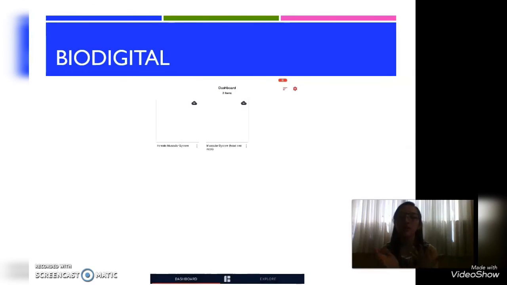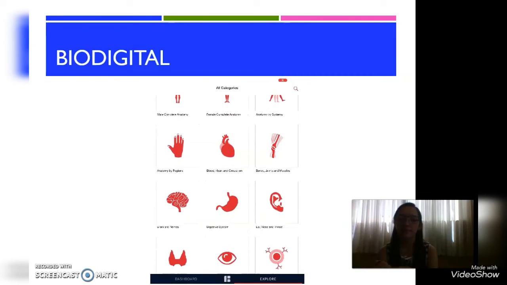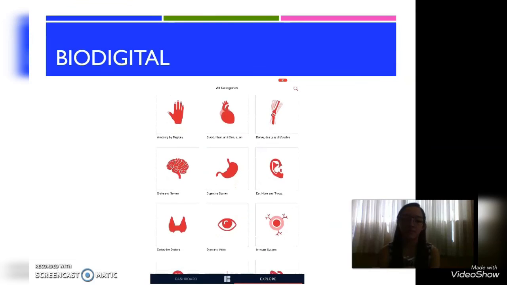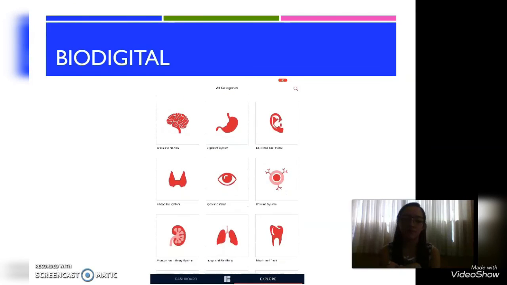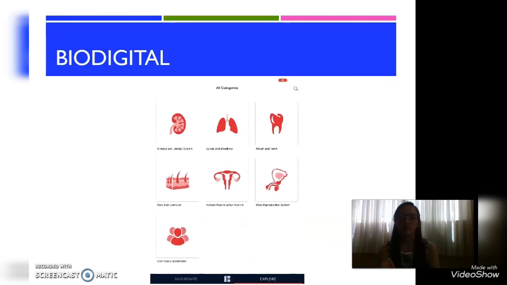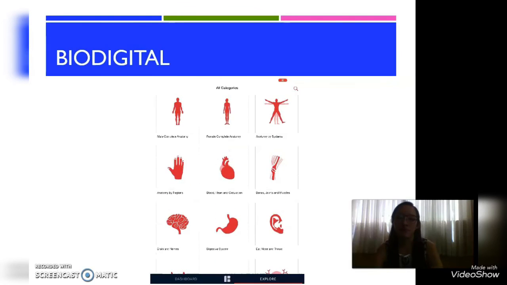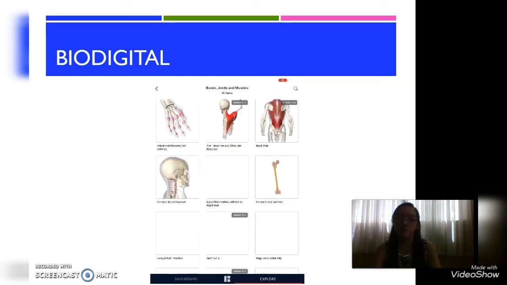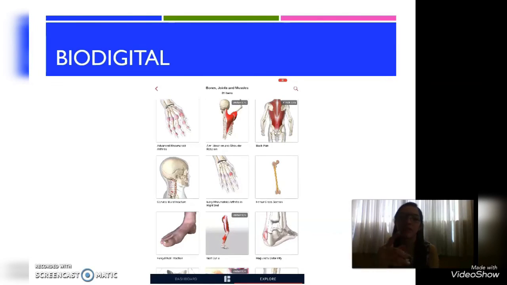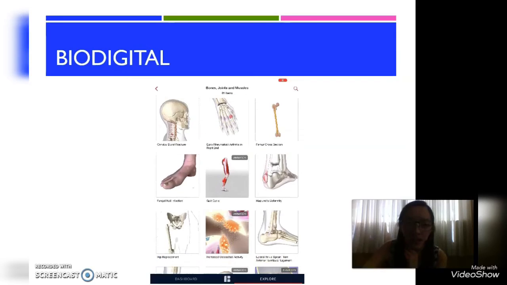And you already have free access to some body scans that are divided into categories. For example, here it's bones, jaws, and muscles.